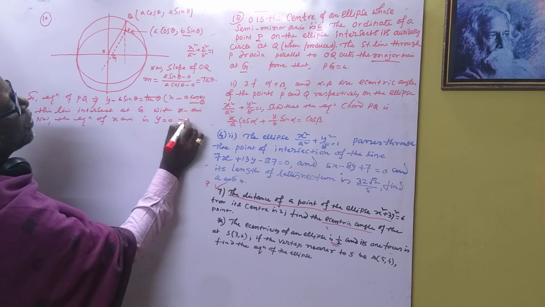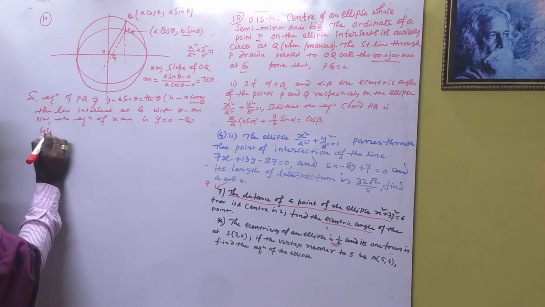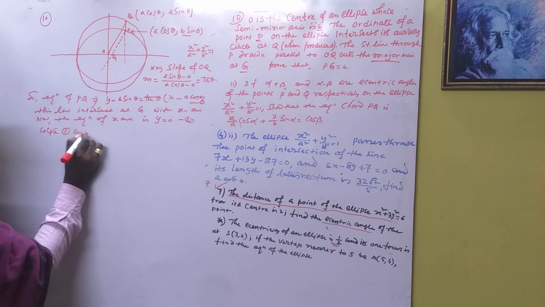So this is 1 and this is 2. Solve 1 and 2.